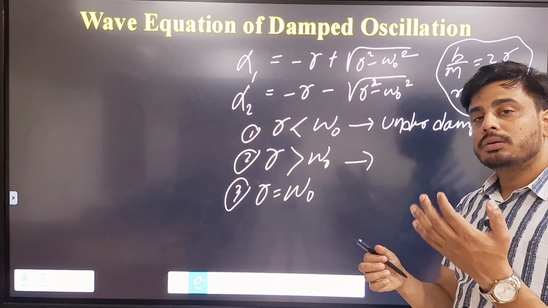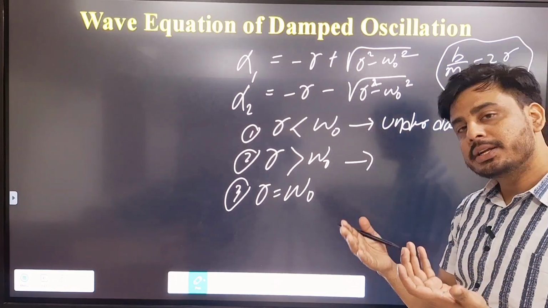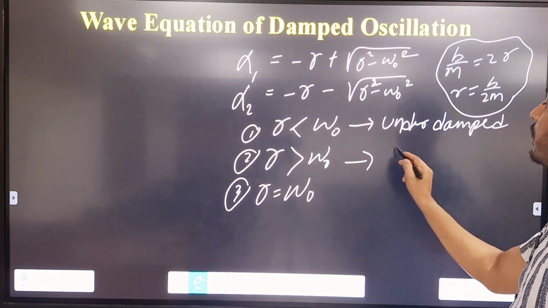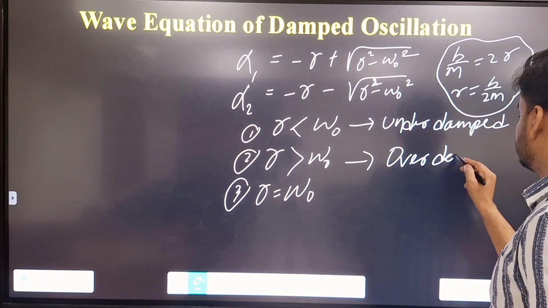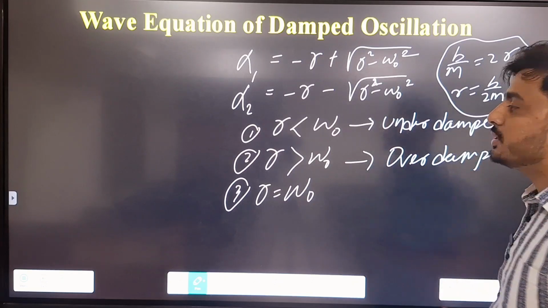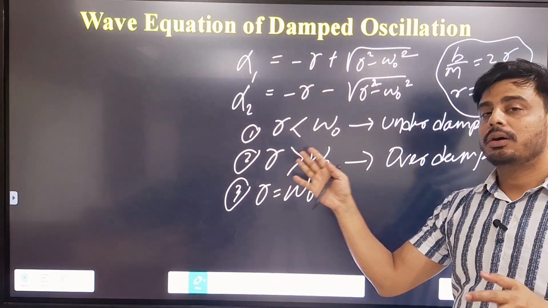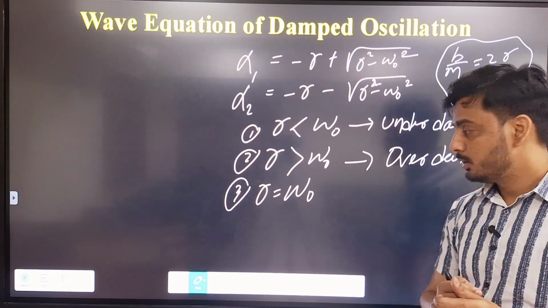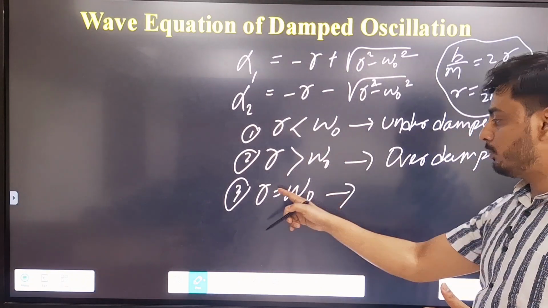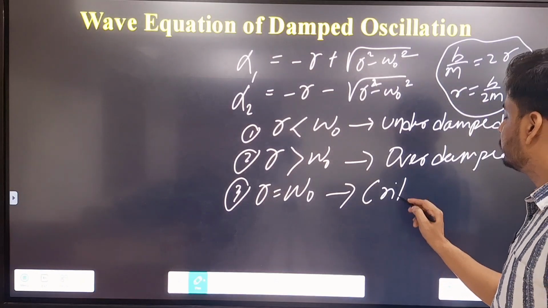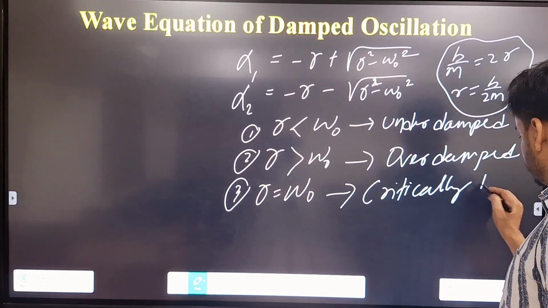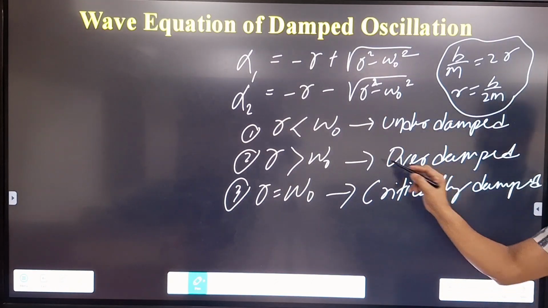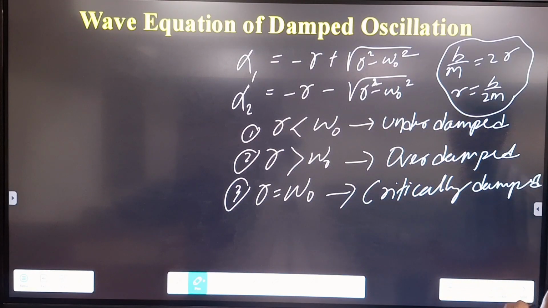That means the motion of a simple pendulum you are observing is underdamped, in which the body is oscillating or vibrating. This is the overdamped condition, where the opposing force is much more as compared to the natural frequency of the body. And when both are equal, this is critically damped. One is underdamped, second is overdamped, third is the critically damped condition.